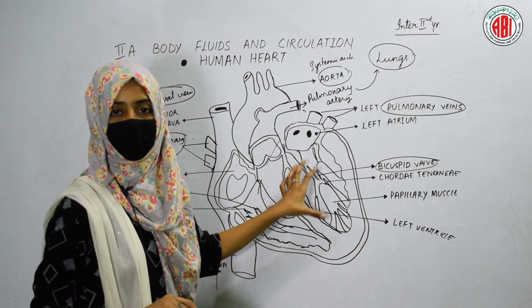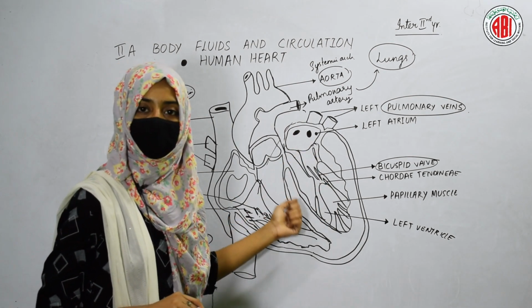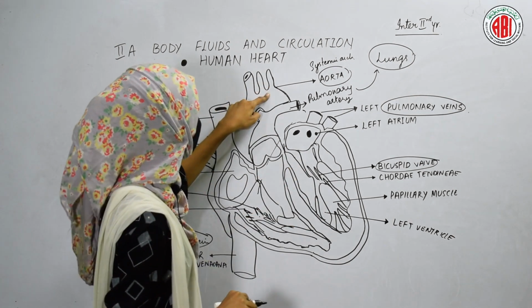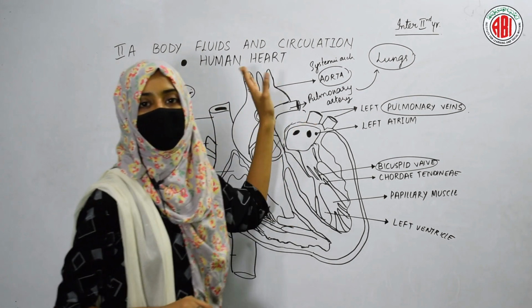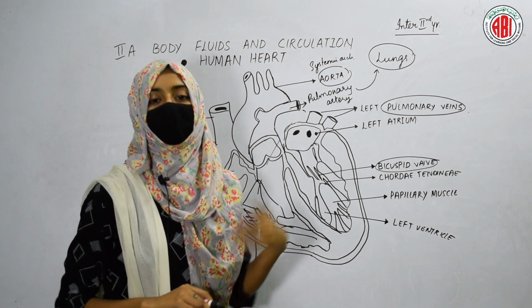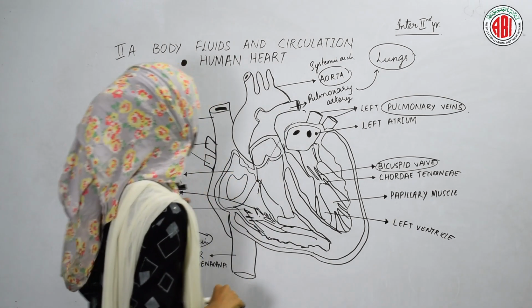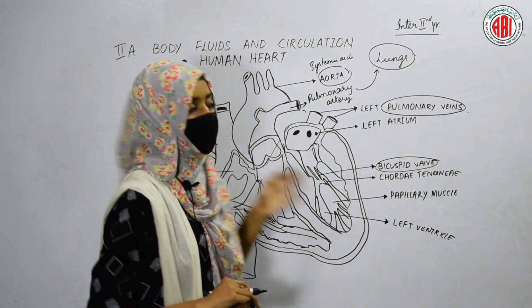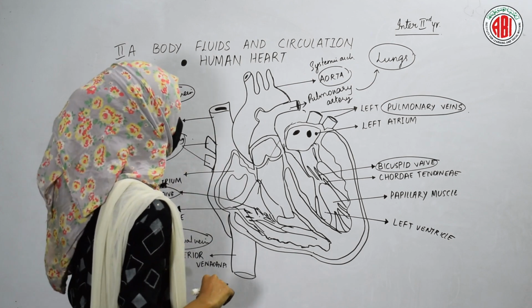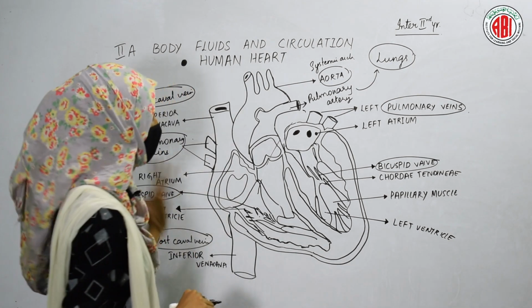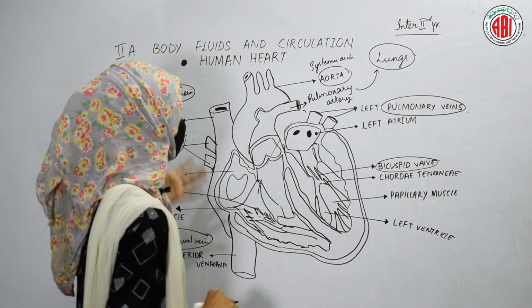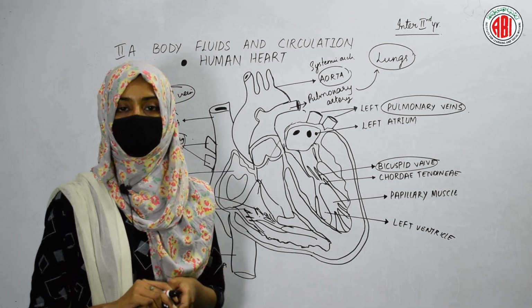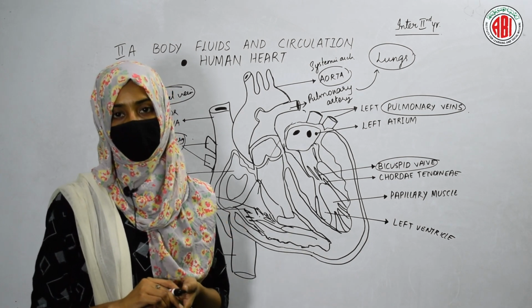Once the left atrium and left ventricle take the oxygenated blood, it is transferred to the aorta, and the aorta is an artery that supplies the oxygenated blood throughout our body. This is how the heart helps in carrying out the process of circulation, and this is how the internal structure of our heart is designed, with many different parts, many valves and many different blood vessels present, because of which the circulation or the transportation of the blood is possible.